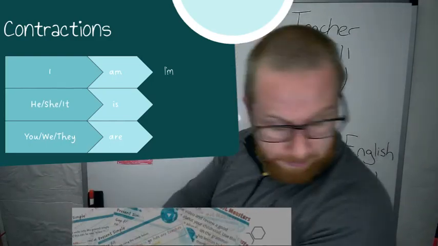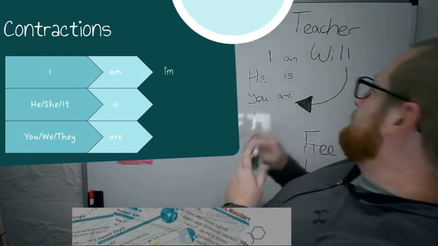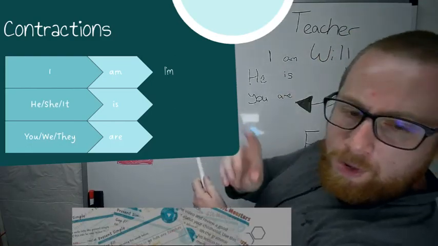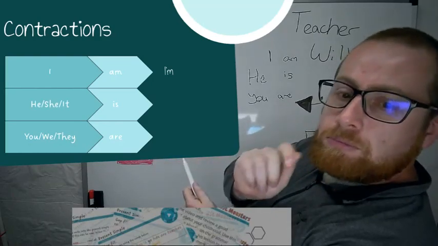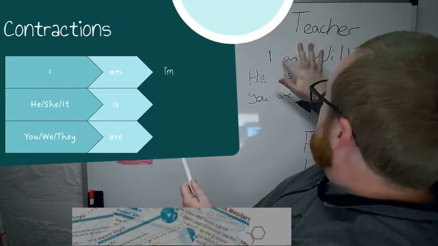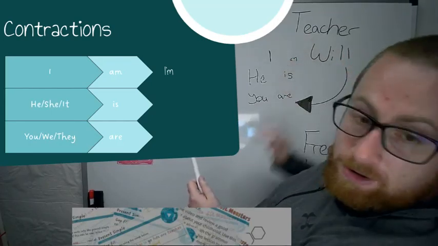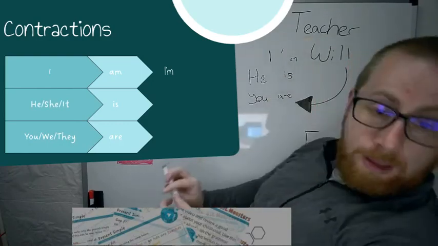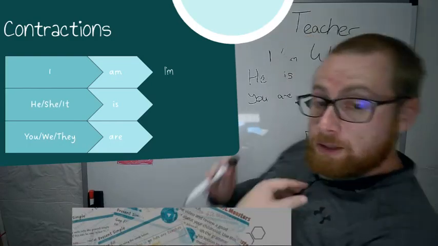If we look at the board and grab my pen, we can see I am. What we can do, we can shrink it down and get rid of a letter. So I am, we can get rid of A. I am becomes I'm. I'm teacher Will.